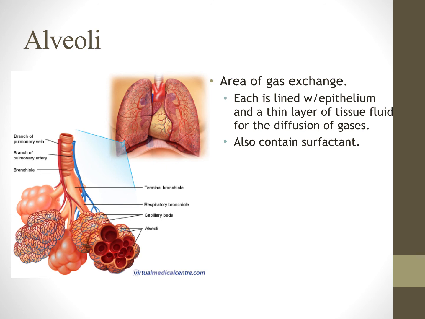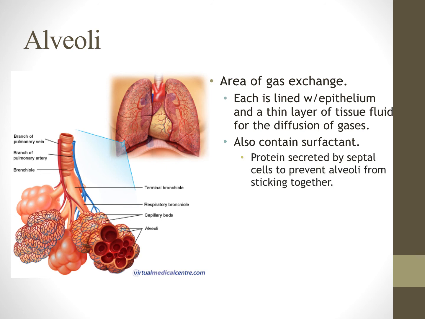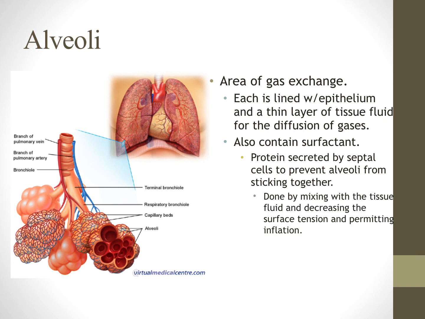Surfactant is actually a protein, and it's secreted by your septal cells in order to prevent the alveoli, again, from sticking together. The way this happens is we're going to mix tissue fluid and we're going to decrease the surface tension by permitting inflation. So again, surfactant is just there to make sure your alveoli are lubricated enough to fill and then deflate from the time you take your first breath until the time you take your last.